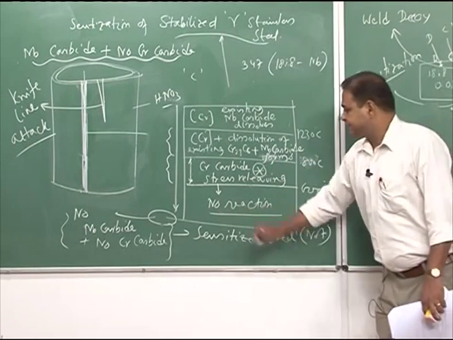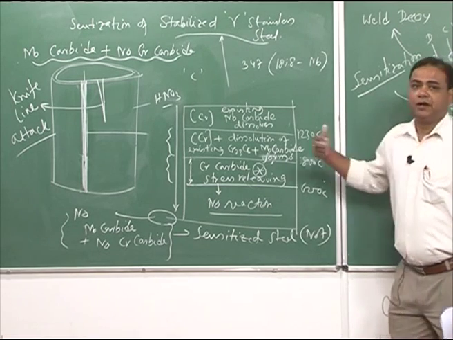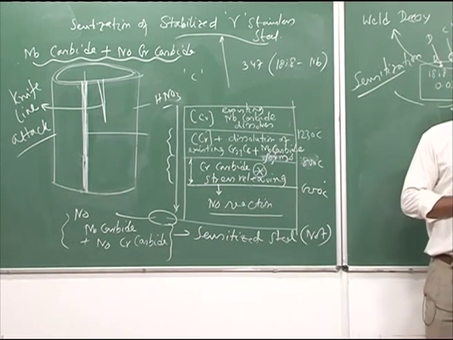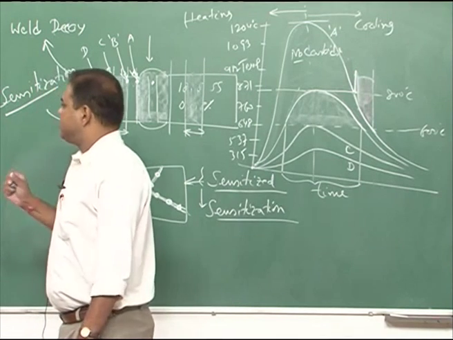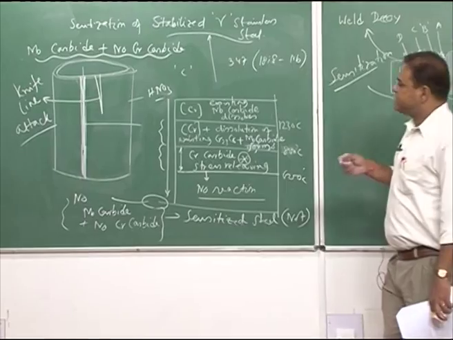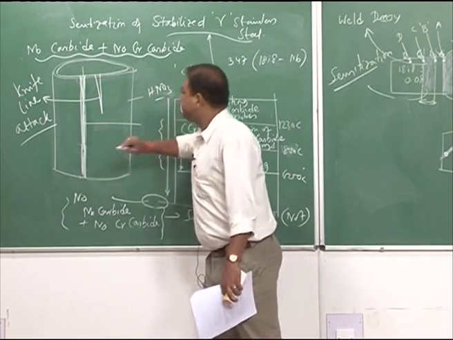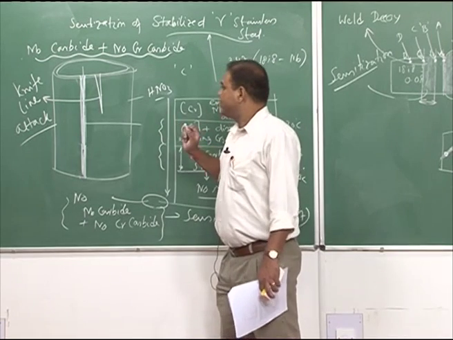So, we can experience chromium carbide formation on the grain boundary, and the material would be susceptible to intergranular attack, and that attack would be very sharp in nature because of the welding process we are carrying out, that is the arc welding process.